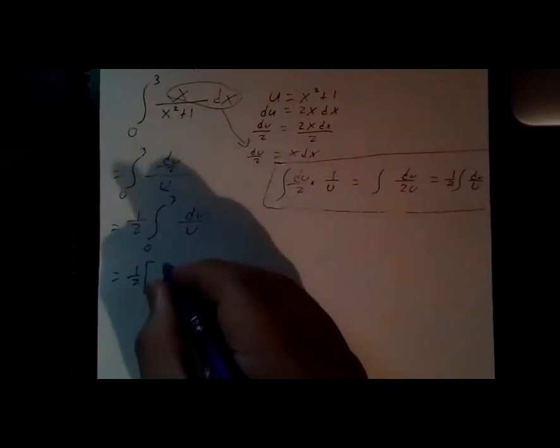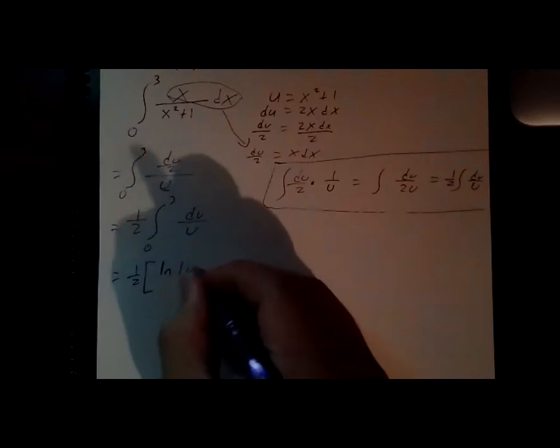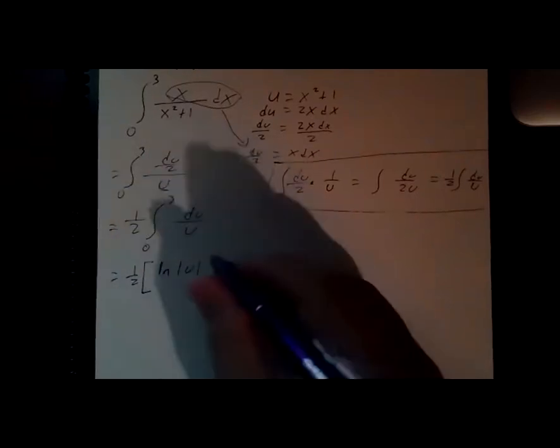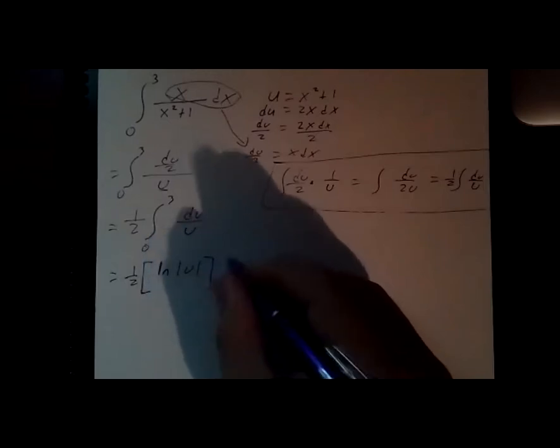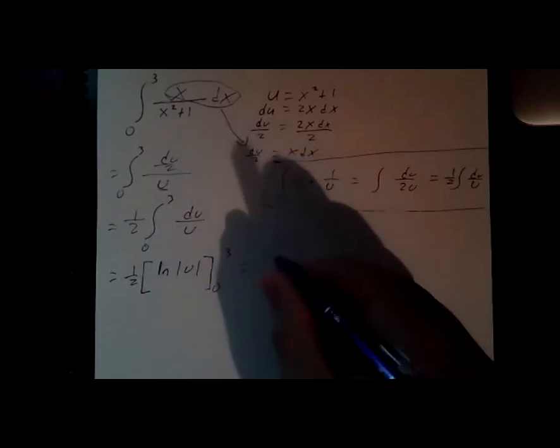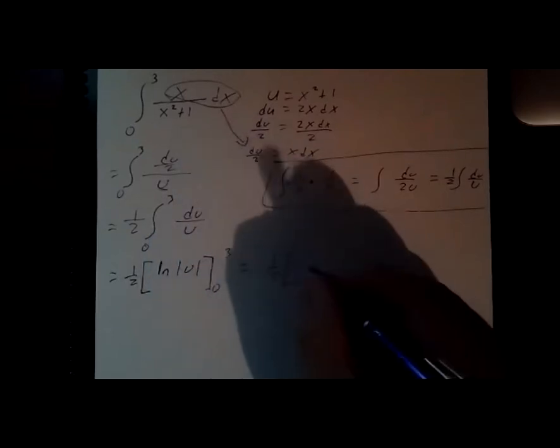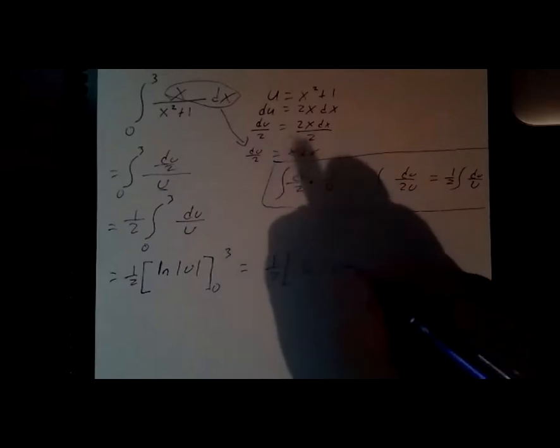So then at this point we apply our logs, right? This is going to be ln u from 0 to 3, but we've got to change it to x first. Ln of x squared plus 1.